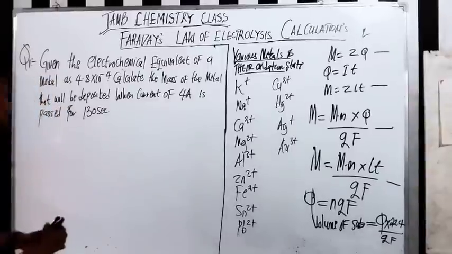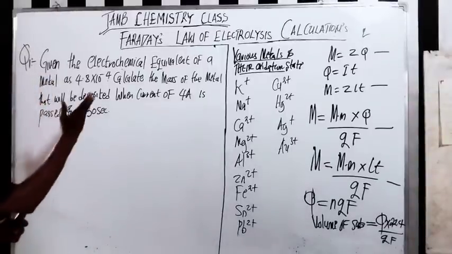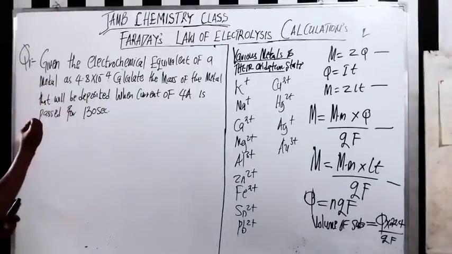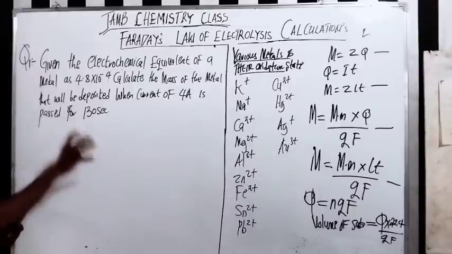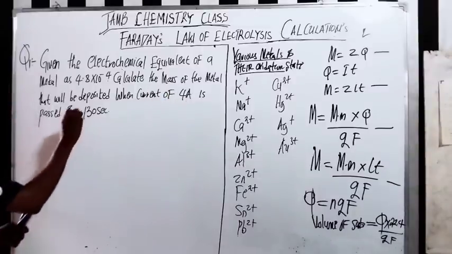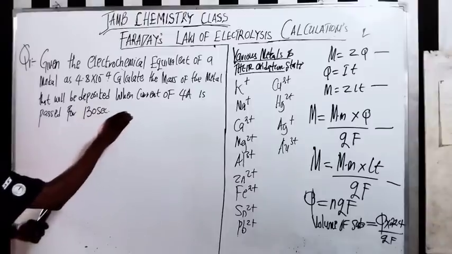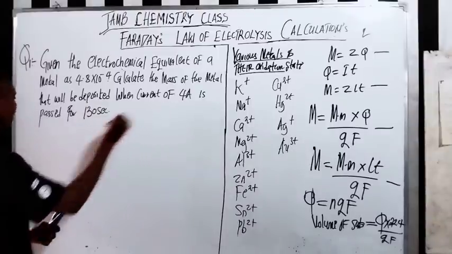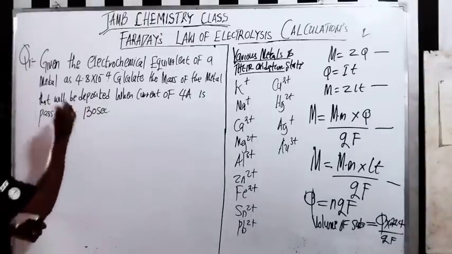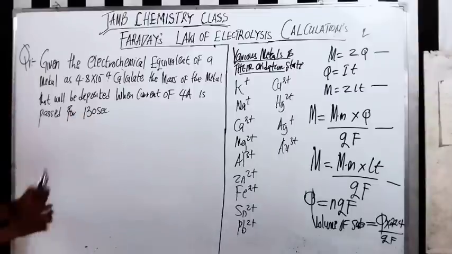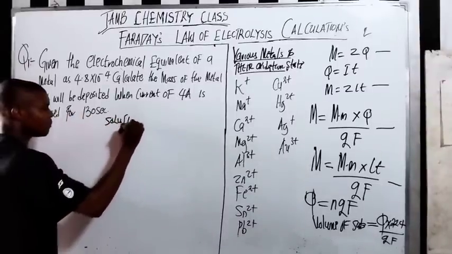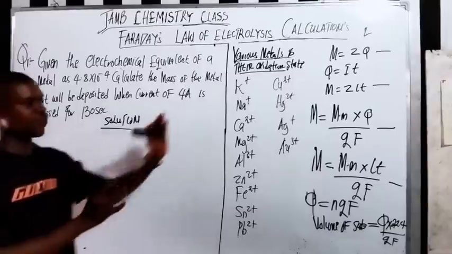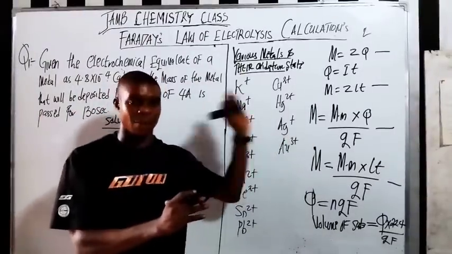So now let's start the first question. Given the electrochemical equivalent of a metal as 4.8 × 10⁻⁴, calculate the mass of the metal deposited when a current of 4 amperes is passed for 130 seconds. Very easy. If I solve any question here, first of all, write out all the parameters. I've already given you a bank of formulas you can make use of.